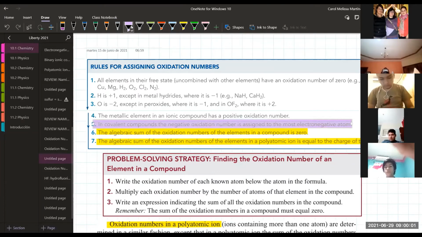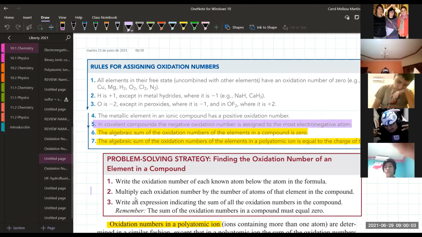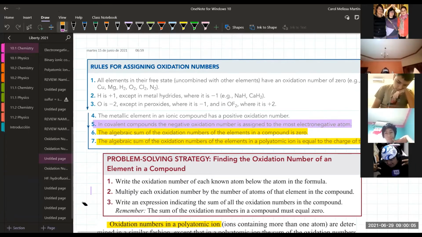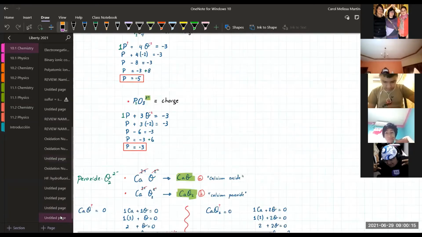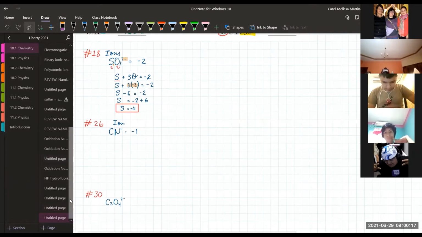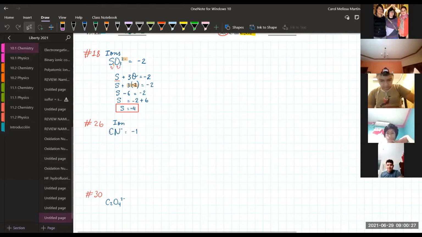In covalent compounds, it says the negative oxidation number is assigned to the most electronegative atom. So take a look. I know that the rule in terms of words is kind of annoying because you don't probably know what that is, but it's actually very simple. You have a covalent compound. It is covalent because you have two nonmetals, okay?